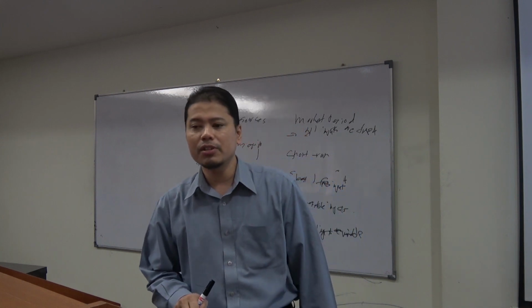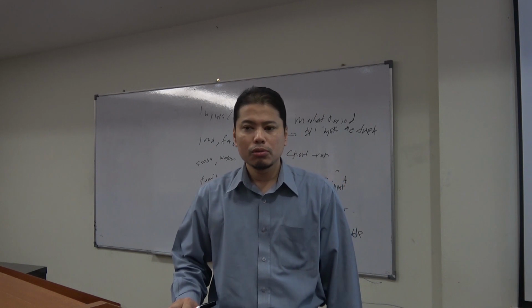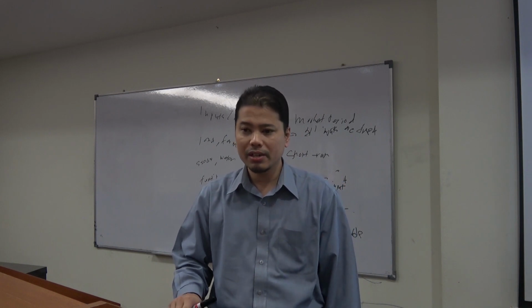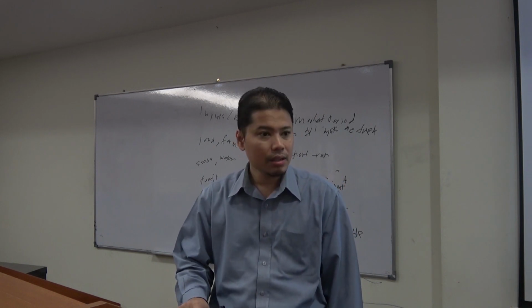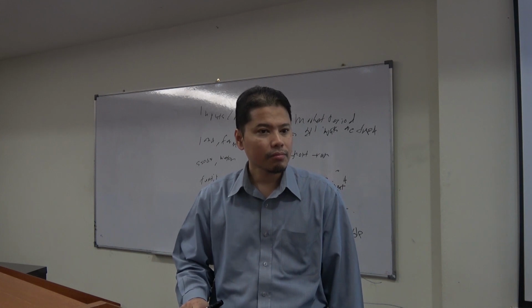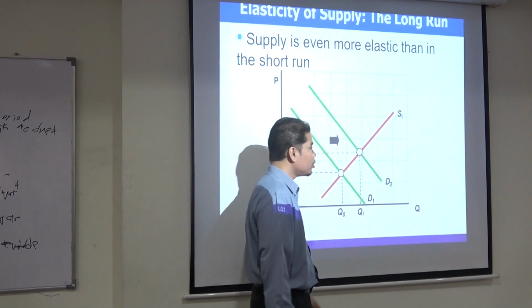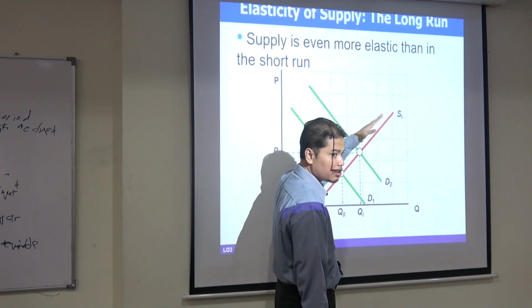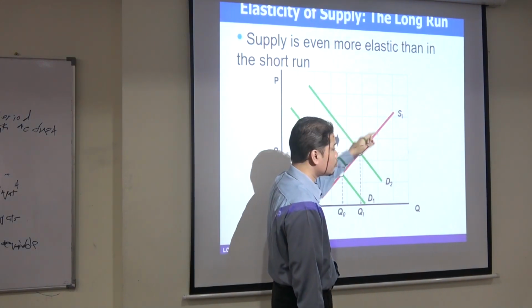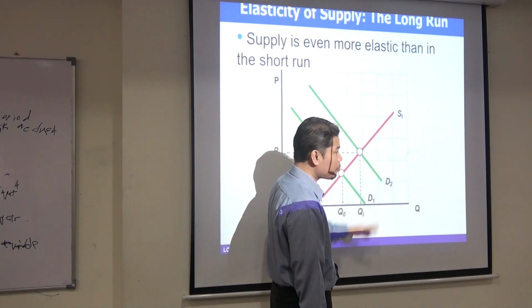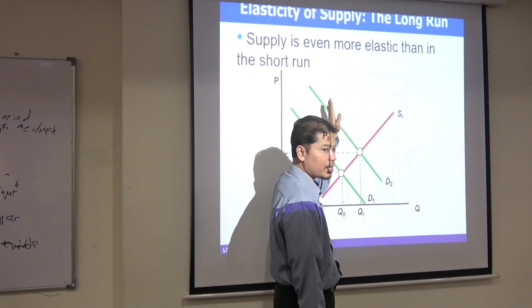Therefore, the ability of the producer to increase output will significantly increase. So in the long run, the supply curve will be more elastic. In the market period, it is perfectly inelastic, a perfectly vertical supply curve.